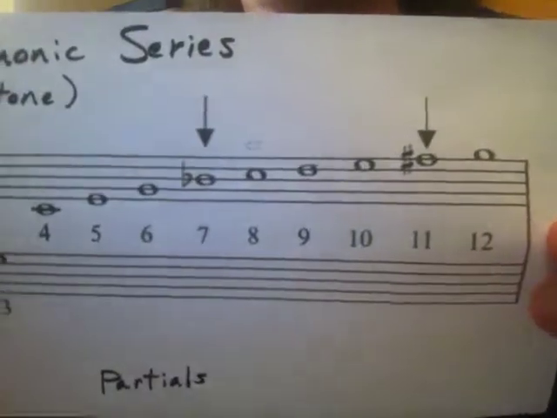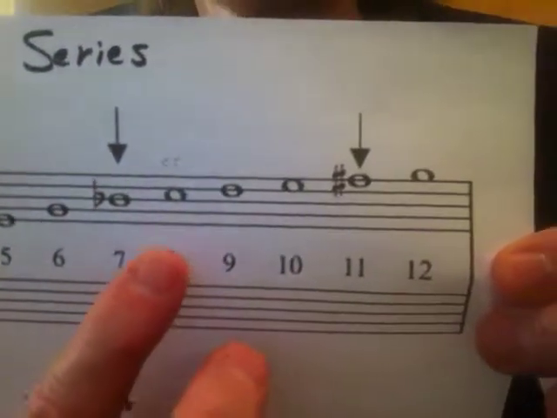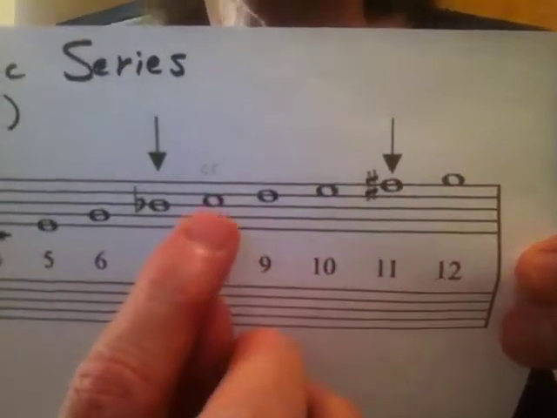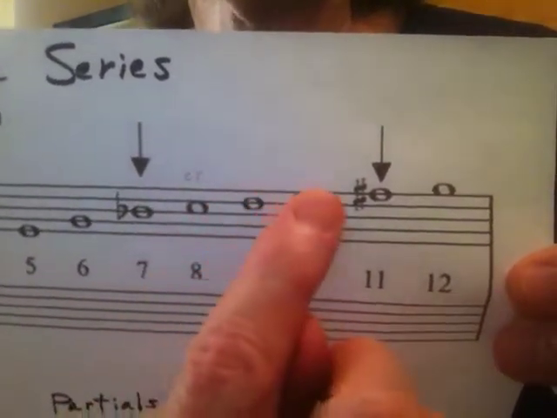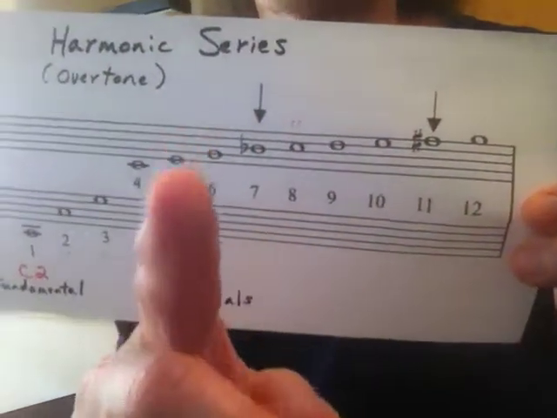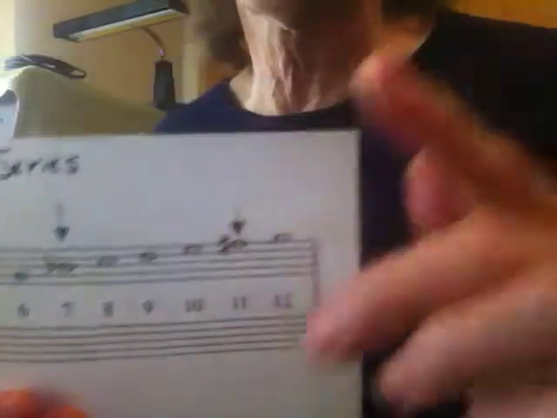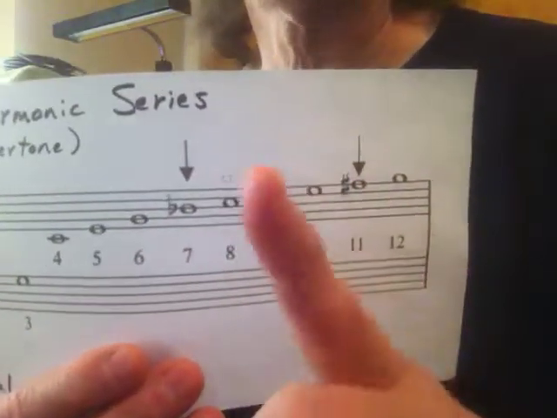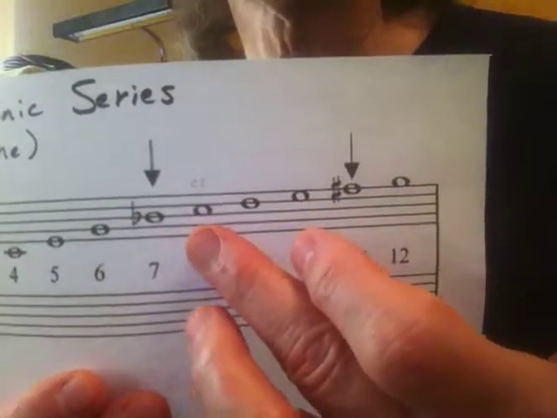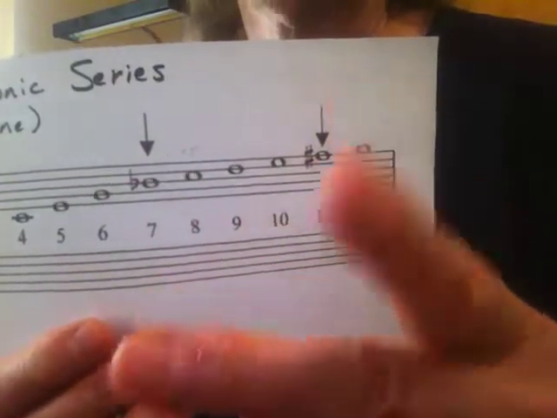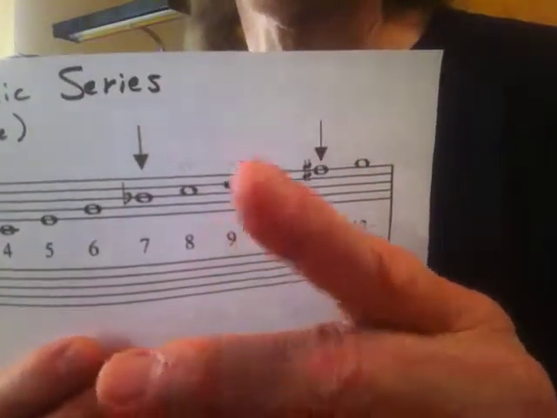Now in the harmonic series, you see from C5 on up, and I only have a partial chart here, that we get into the intervals called the seconds. And they are very important, very critical, because in Western music theory, our scales are built on seconds, whether it be a minor second, a major second, or an augmented second.